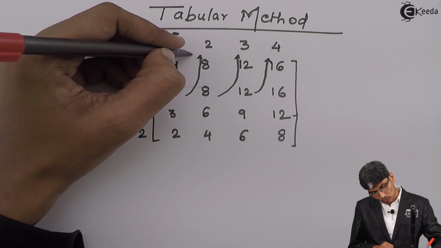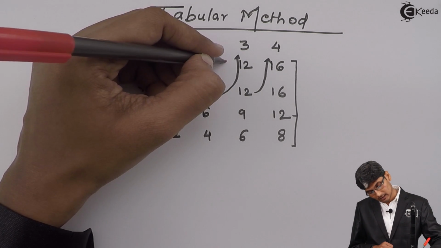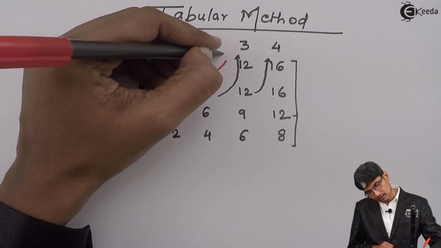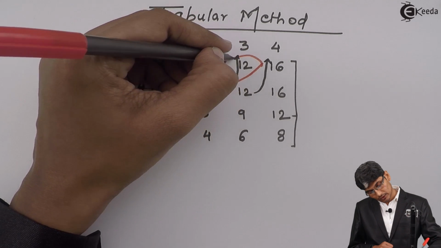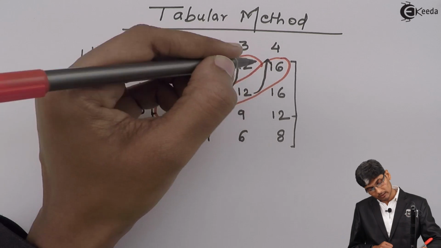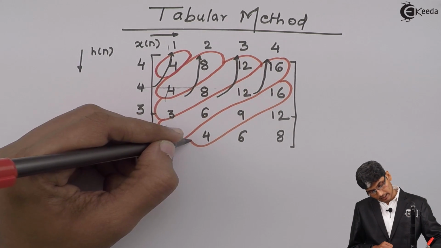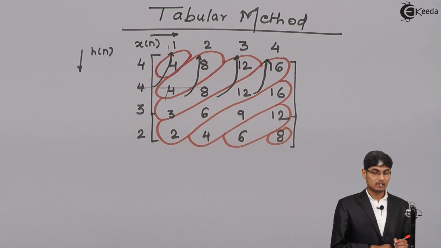For addition you have to go diagonally, like this 1 element, then these 2 elements, then these 3 elements, then these 4 elements, again 3 elements, 2 elements and 1 element.